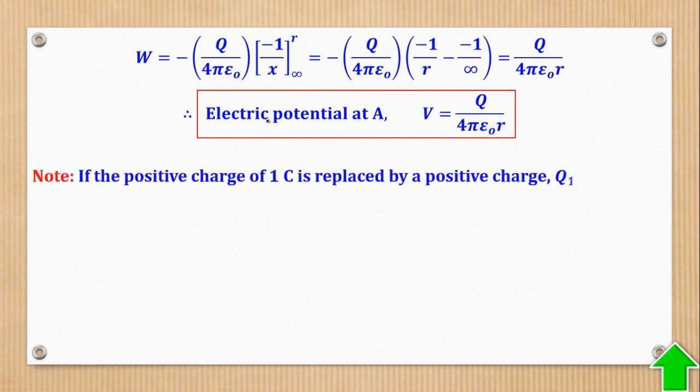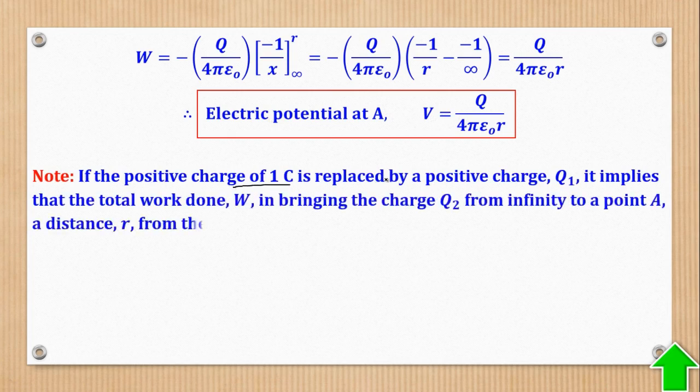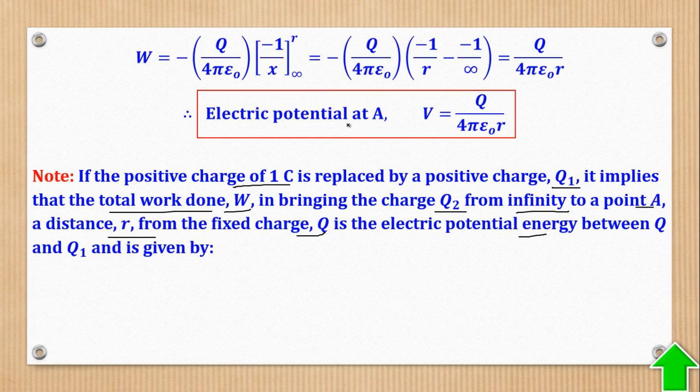So I think you remember, here we shall say that if a positive charge of 1 coulomb is replaced by a positive charge Q1, it implies that the total work done, W, in bringing the charge Q2 from infinity to a point A, a distance r, from the fixed charge Q, is the electric potential energy. Now here there is a difference. Previously, we saw that one charge must be positive 1. If that is the case, then we are talking about electric potential.